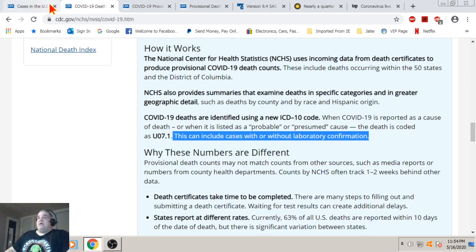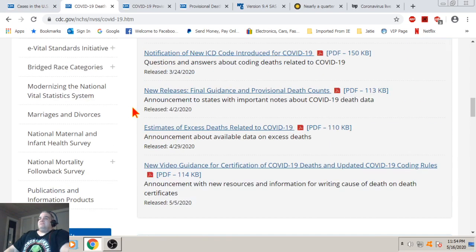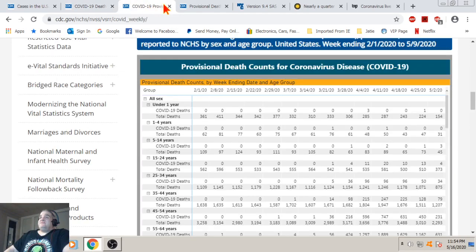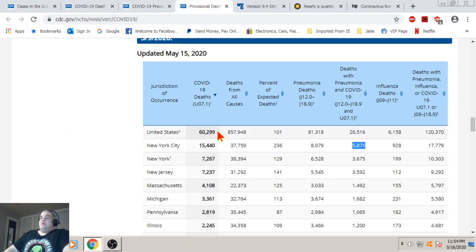So that all said, the cases haven't been updated as much as they should. They're on top of the deaths, but remember, those deaths are still based on with or without confirmation of a laboratory. It's still irresponsible to do that.